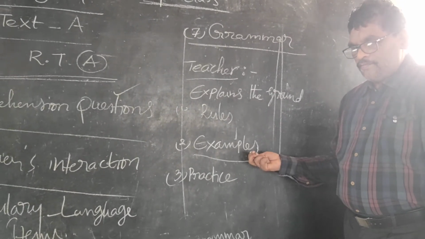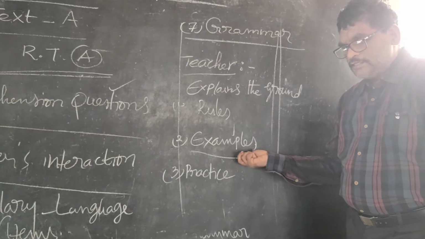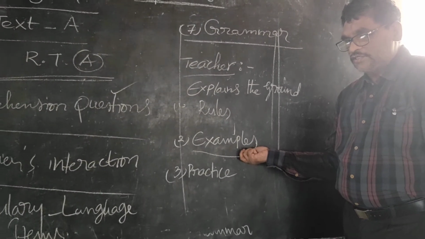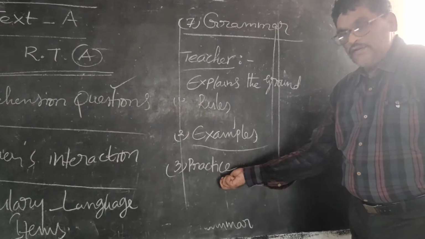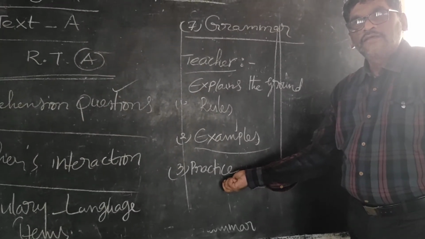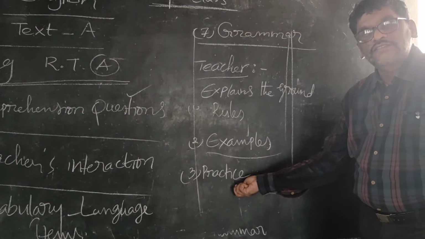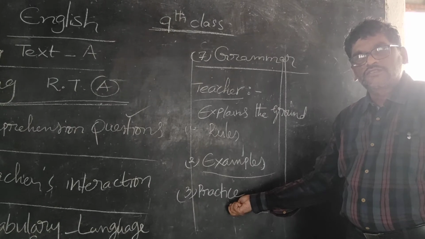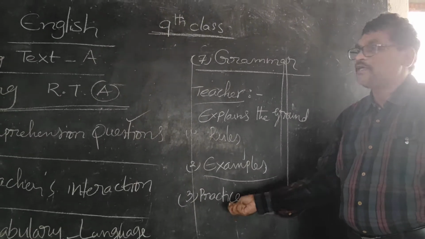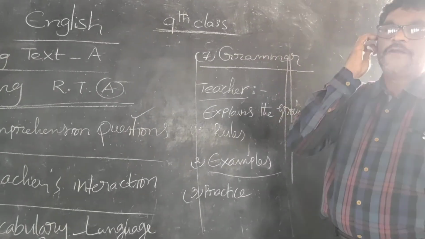Because the ground rules and the examples given by the teachers are very important in your individual practice. In your individual practice, if you have any doubt, clarify all your doubts with your teacher. Then you will be perfected in grammar items.